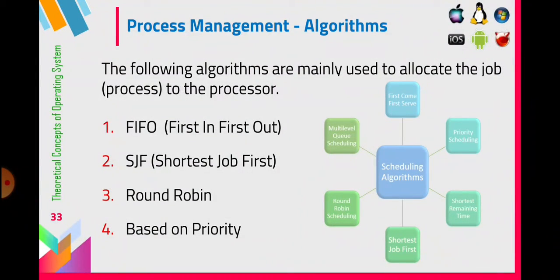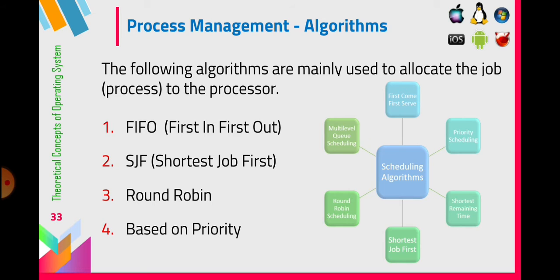The following algorithms are mainly used to allocate jobs to the processor. So what algorithms are used? These algorithms are very important. They can be asked as 5 mark questions as well as 3 mark questions. FIFO, first in first out; SJF, shortest job first; round robin; and priority based.